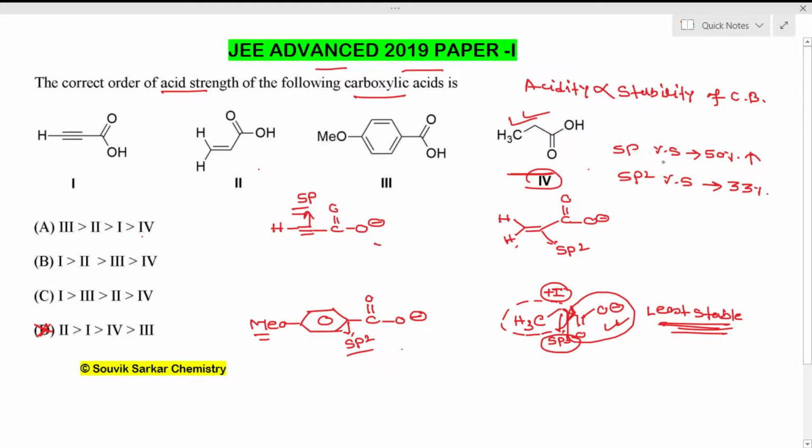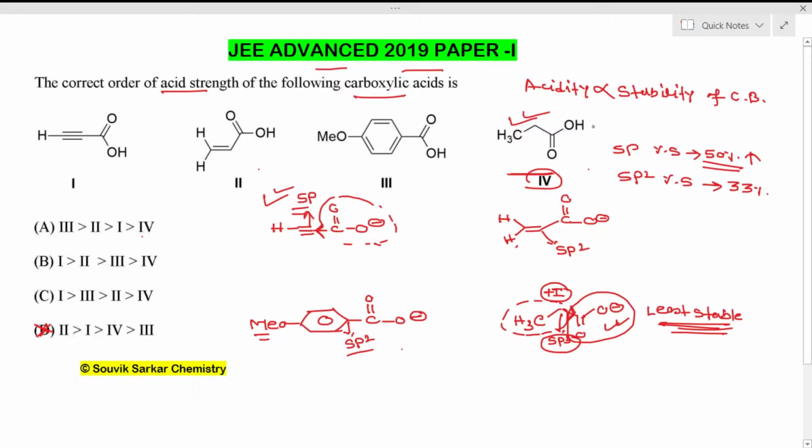So this carbon atom is much more electronegative compared to these two carbon atoms, because its percentage of s character is 50%. So it will attract electron density from this carboxyl group and stabilize this carboxylate anion. So among these 4, this conjugate base is the most stable.